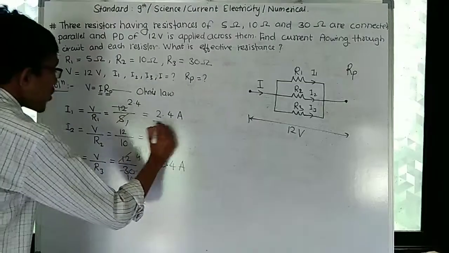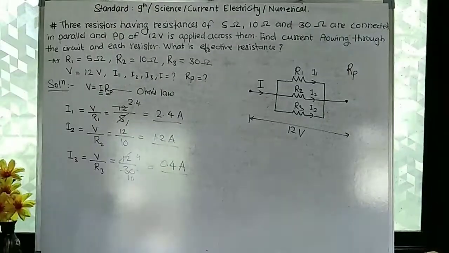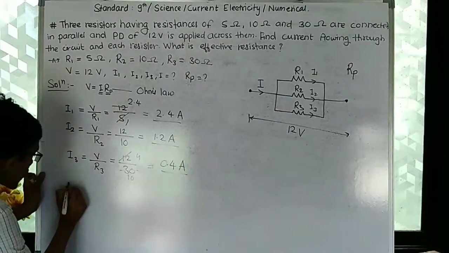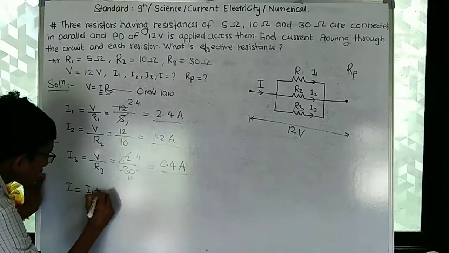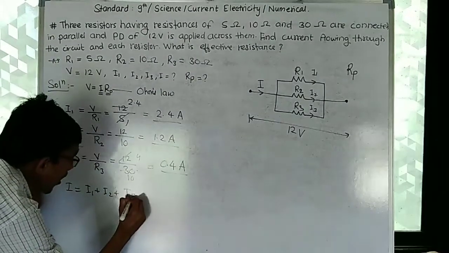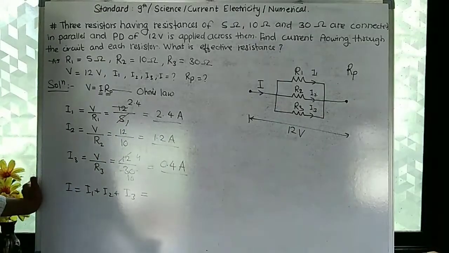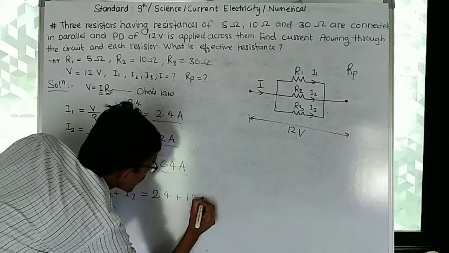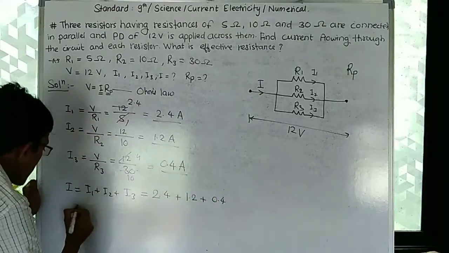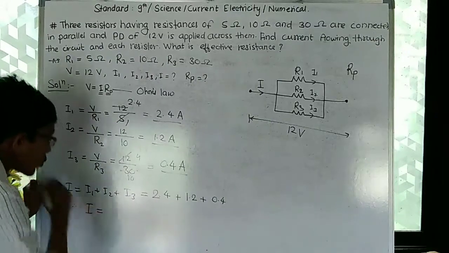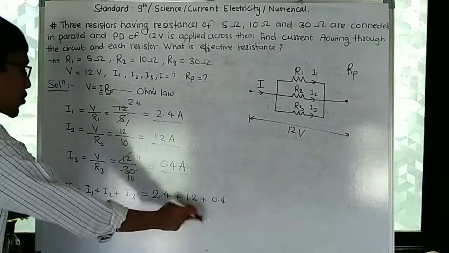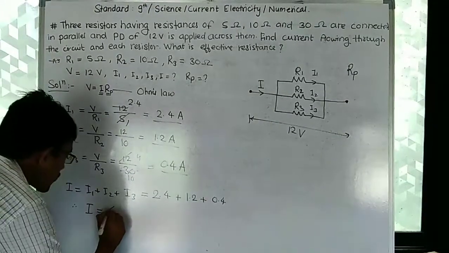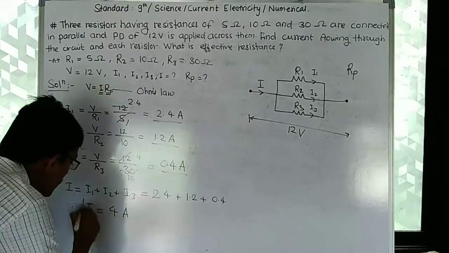Now we have got the value of I1, I2 and I3, so we can easily find the value of I, that is I is equal to I1 plus I2 plus I3, which is 2.4 plus 1.2 plus 0.4. 2.4 plus 1.2 is 3.6, and 3.6 plus 0.4 is 4. So we get the value of current as 4 ampere.